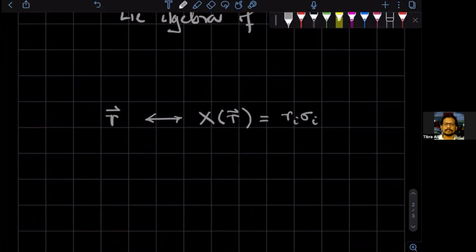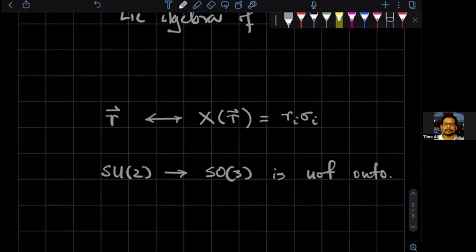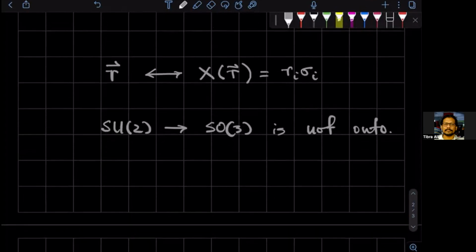Now suppose that the map between SU2 and SO3 is not onto. That means there would be elements in SO3 which would not map to any element in SU2.